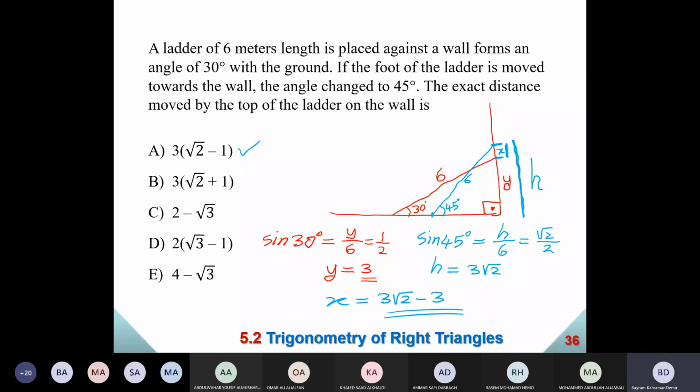For example, if you are a smart guy, you know, why not they can ask you the distance moved by the foot of the ladder, here? How much is this one? They can ask this question after the previous one.